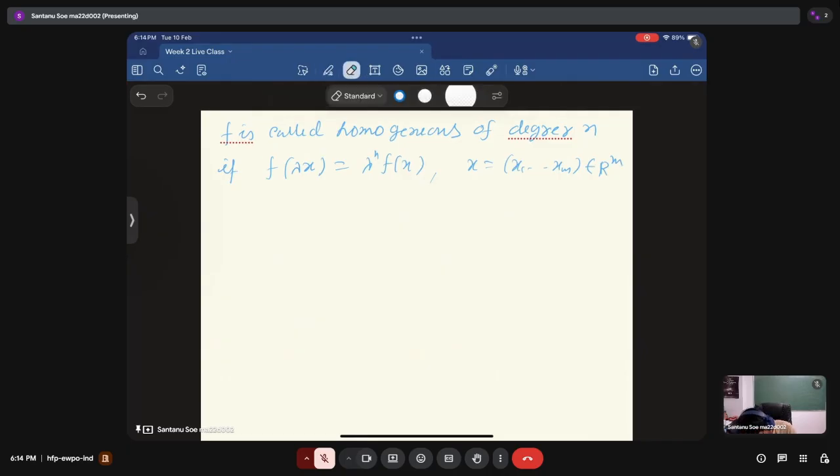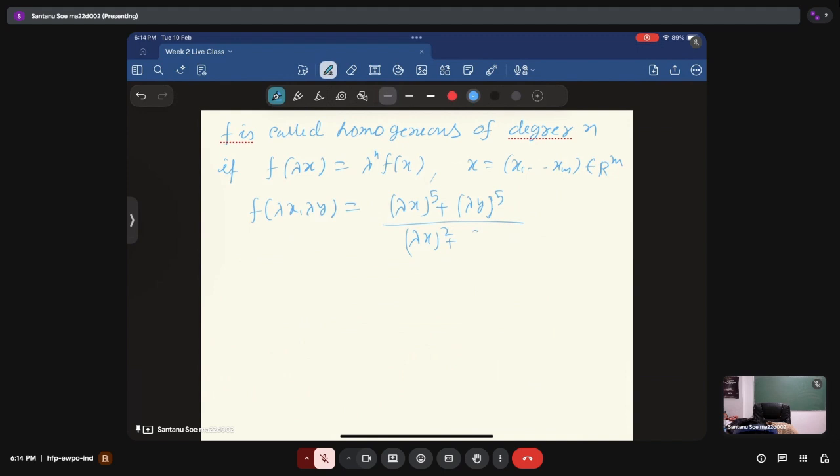So in our given question, f of (lambda x, lambda y) will be (lambda x) to the power 5 plus (lambda y) to the power 5 divided by (lambda x) square plus (lambda y) square. So this will be lambda to the power 5 times (x to the power 5 plus y to the power 5) divided by lambda square times (x square plus y square).